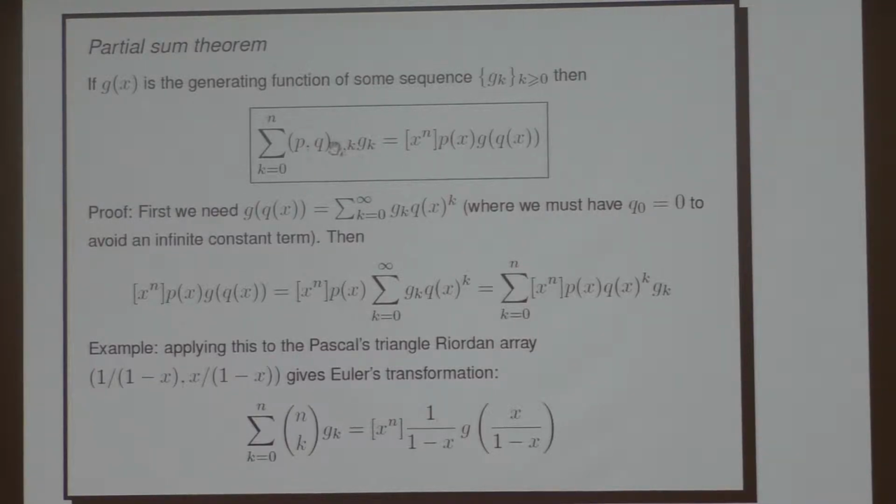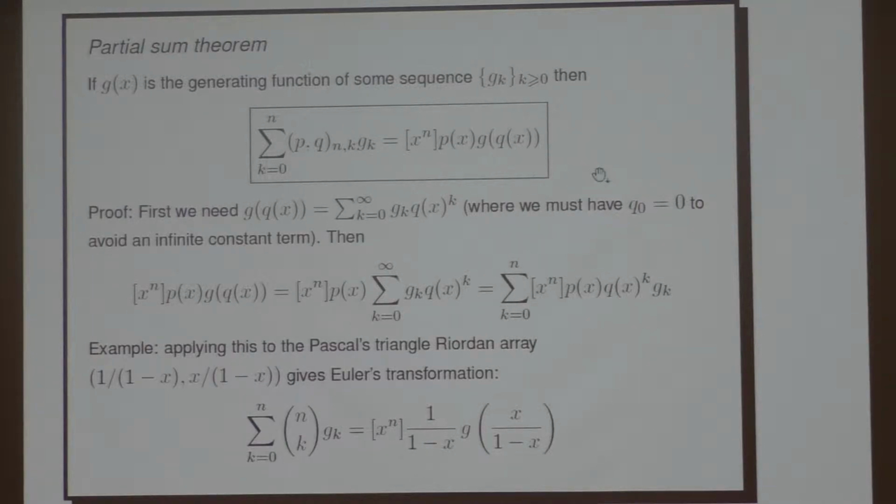Then if you multiply this generating function's coefficients by the first n terms of a Riordan array, it turns out this is equal to the x to the n coefficient of this quantity here.